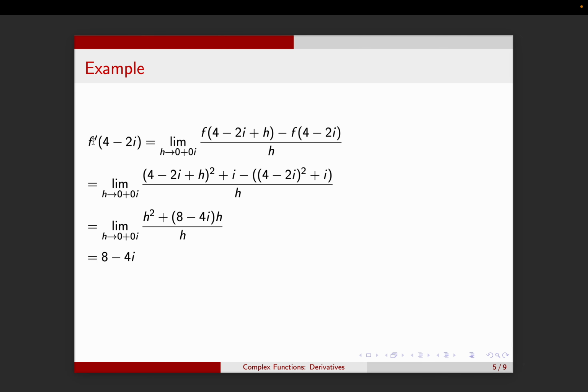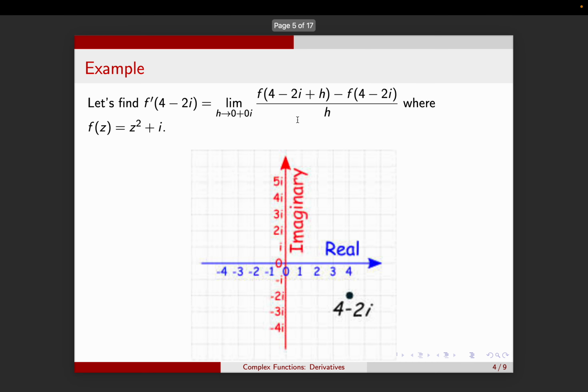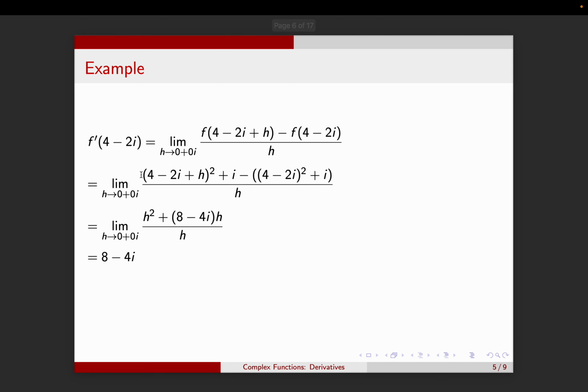Okay, so here f prime by definition is f of this thing minus f of this thing. Remember, f itself was z squared plus i. So here's z squared, where you're inputting 4 minus 2i plus h, squared, plus i, minus, again, z squared plus i, but the input z this time is 4 minus 2i.